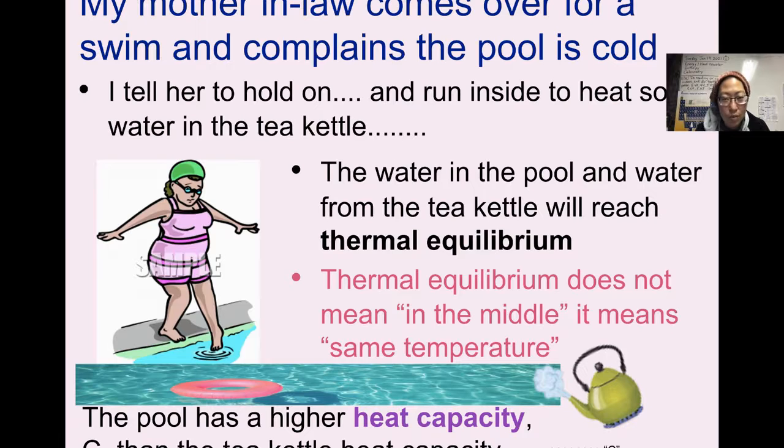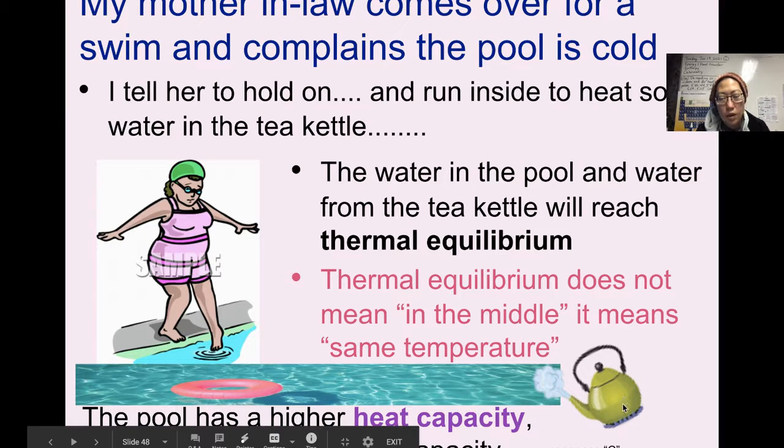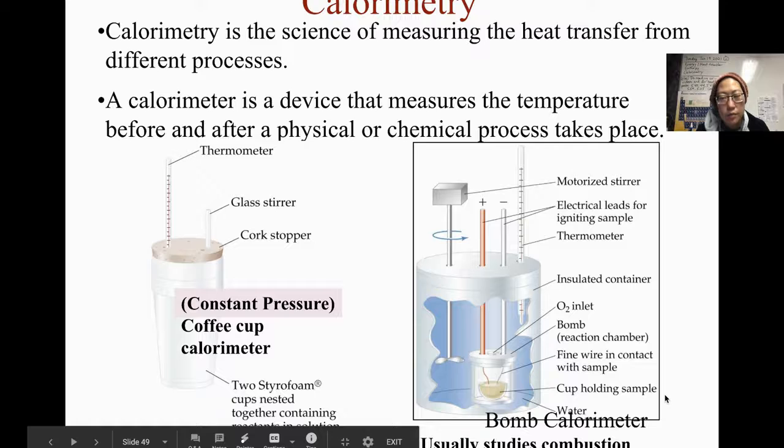The pool has a much greater heat capacity. There's much more cold pool water than tea kettle water. So even though they reach the same temperature, that temperature is going to be very close to the temperature of the cold pool water, because the tea kettle has hardly any heat capacity, because the amount of water is too small.